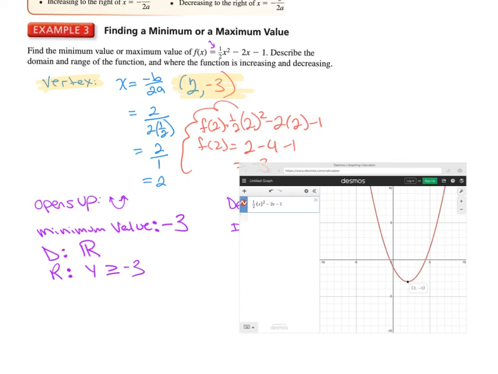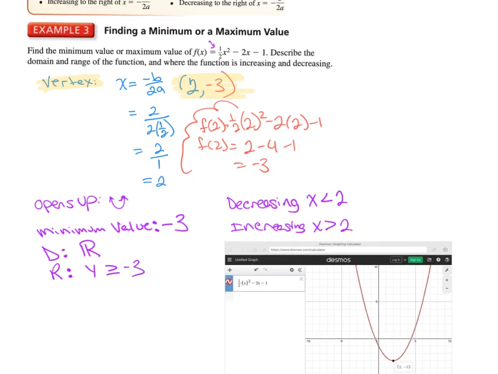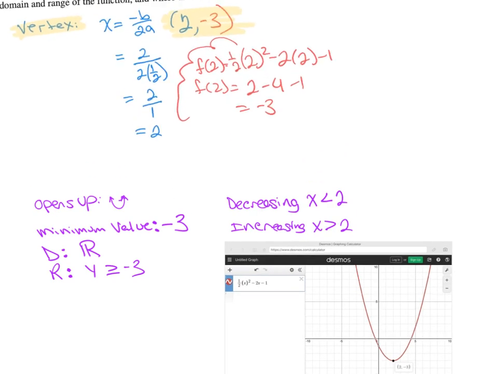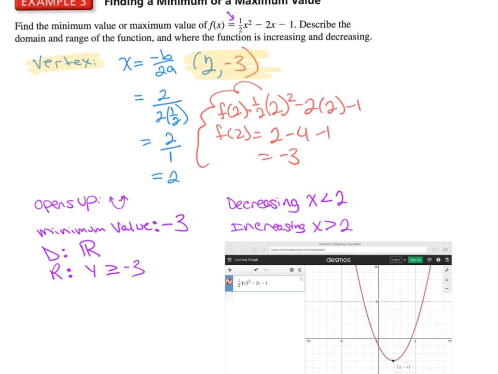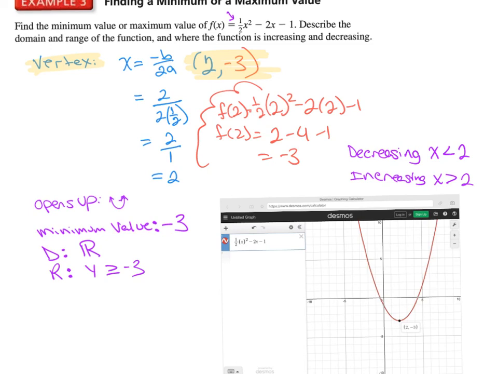It opens up, the minimum height is -3, we can see that. The domain is all real numbers. The range is y is greater than or equal to -3, so it goes higher. And now let's look at our decreasing and increasing. Oh, I moved something I didn't know I could move.